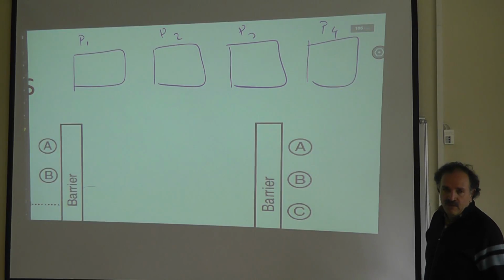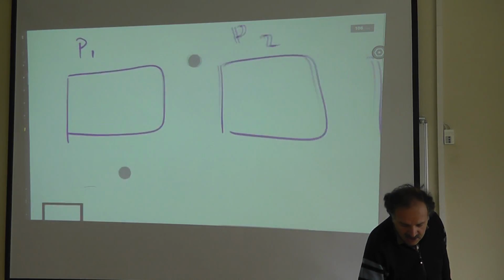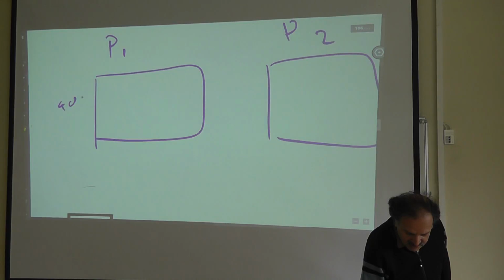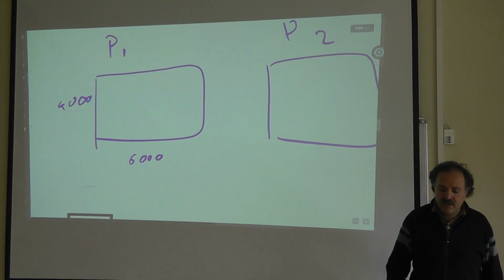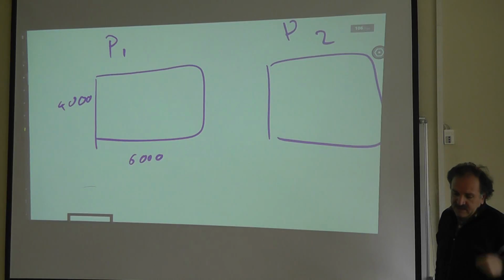I have 25 pictures in a single second. And each picture is 4,000 lines and 6,000 columns, so there are 24 million pixels available in a picture. There are so many of them.